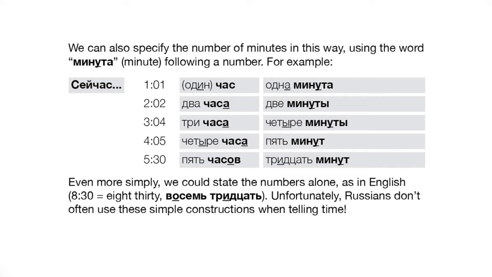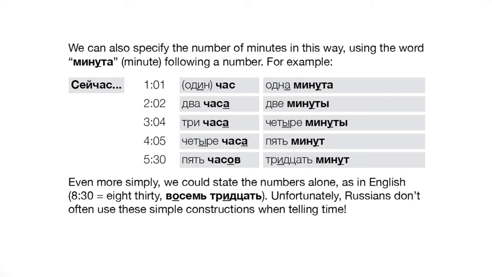Два часа, 2 минуты. 2 hours, 2 minutes. 3 часа, 4 минуты, for example. So again, 2, 3, 4, followed by genitive singular, but then 5 and above, genitive plural. So for example, 4 часа, 5 минут. 5 minutes. There we have минута and the genitive plural, zero ending. 5 часов, 30 минут. So 5 hours, 30 minutes.